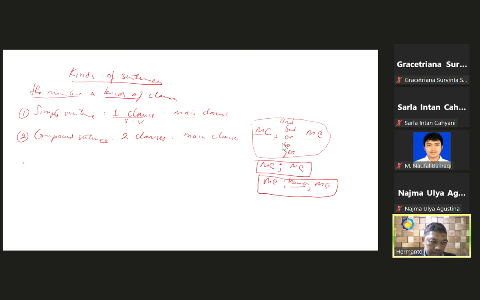And let me explain another kind: the complex sentence. What is a complex sentence? In a complex sentence, how many clauses are there? Two or more clauses. What clauses are there?